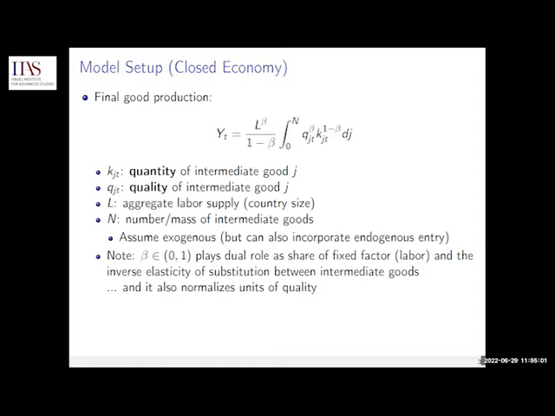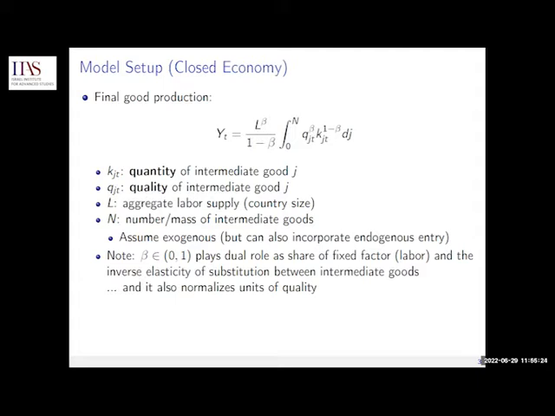The intermediate good producers are going to invest in higher Q, that increases the quality of the intermediate good. It's going to allow you to produce more output. More output is going to lead to higher consumption. It's going to also allow the intermediate producers to produce more and higher quality versions of those goods.